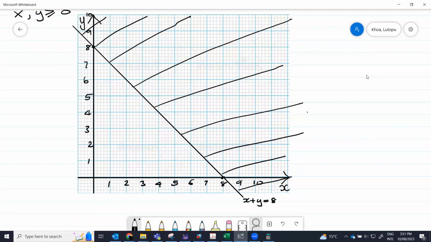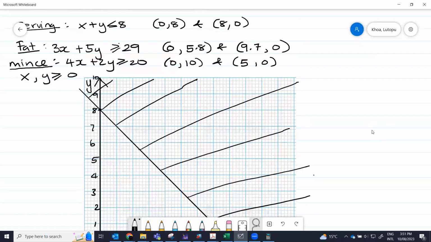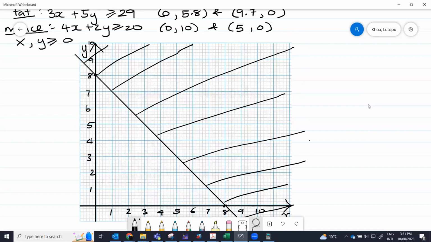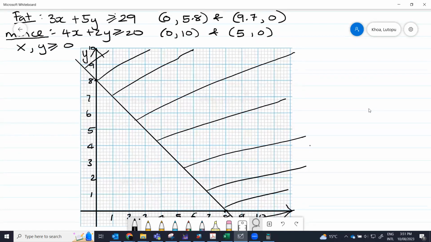Okay, then the next one is 0 and 5.8, and then we have 9.67, so somewhere there.